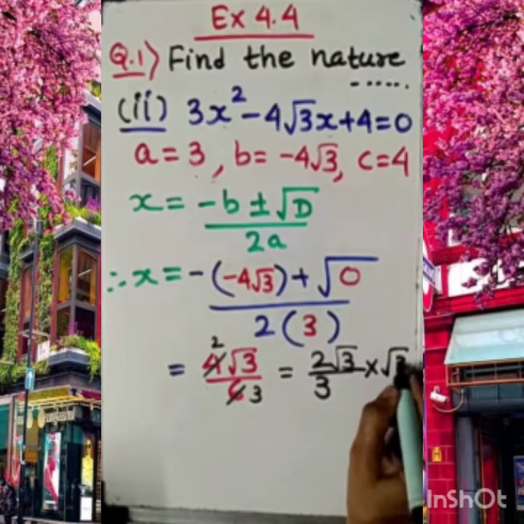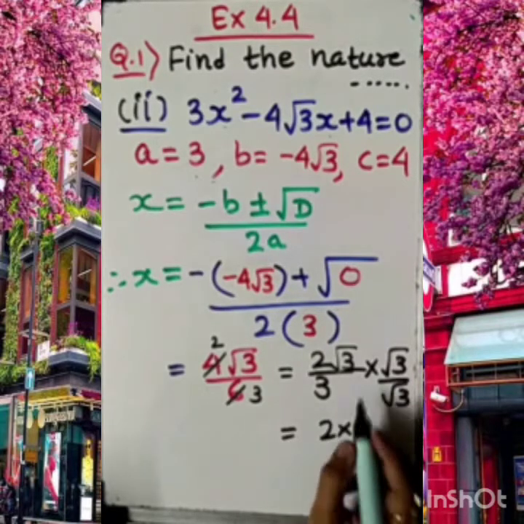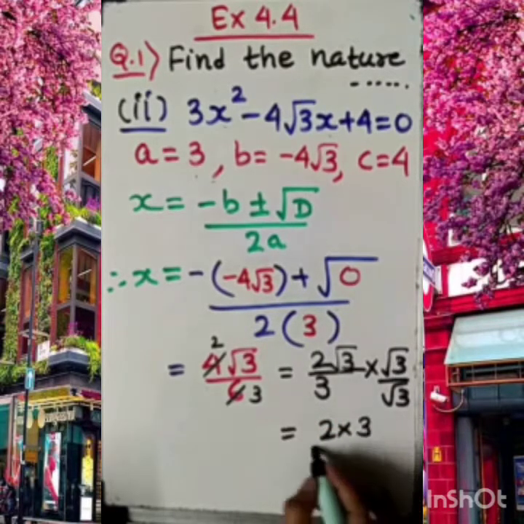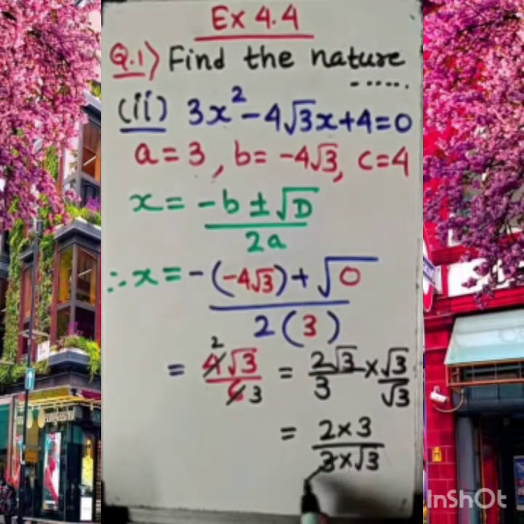Then √3 into √3 will be 3. In the denominator, 3 upon √3 is there. 3 cancels, so it will be 2 by √3. So two equal real roots are there. They have two roots and both are similar. So we need to mention it here as a final answer.